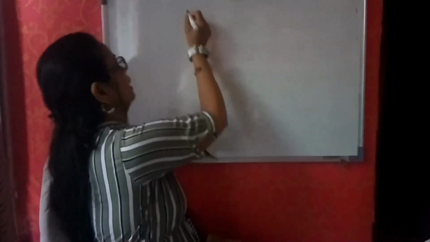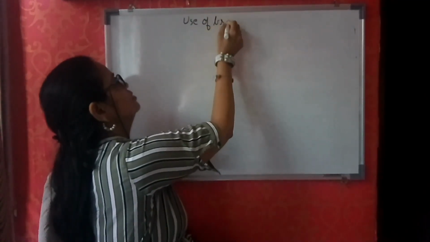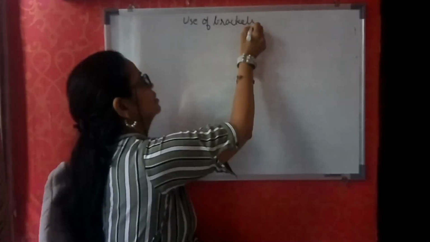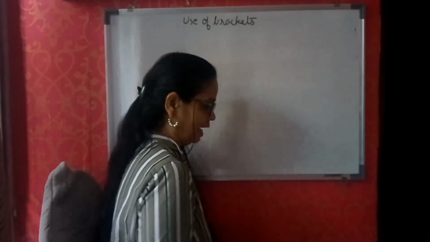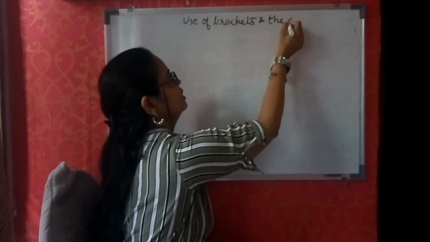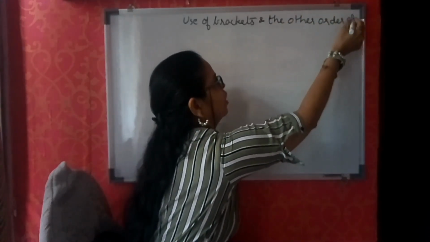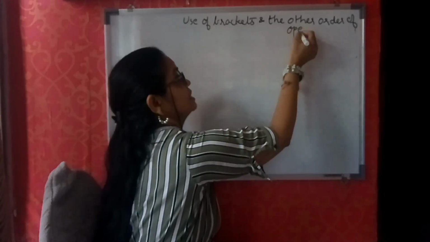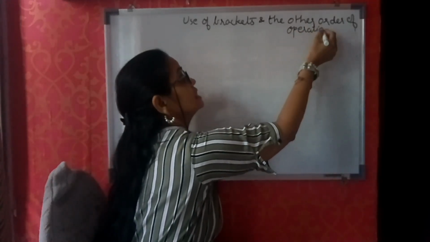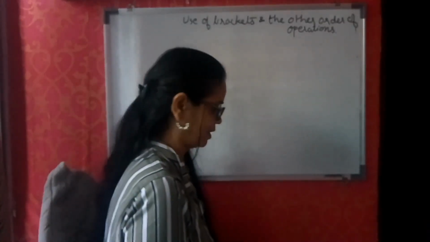So use of brackets and the order of operations. Operations means DMAS: division, multiplication, addition and subtraction.